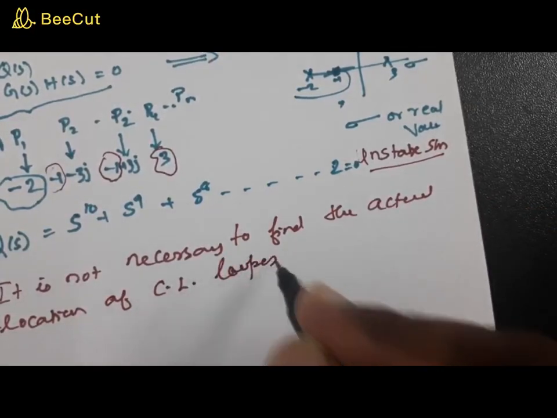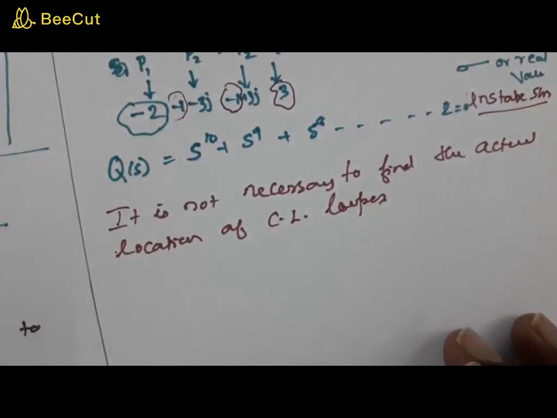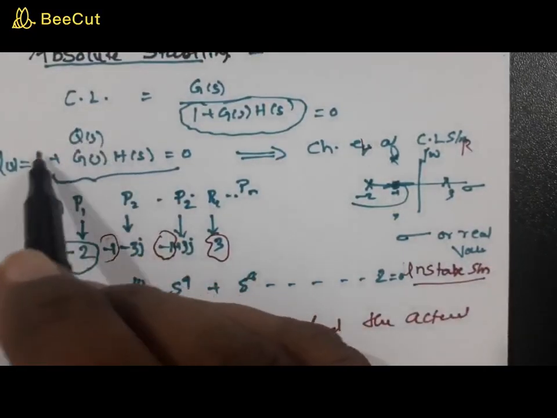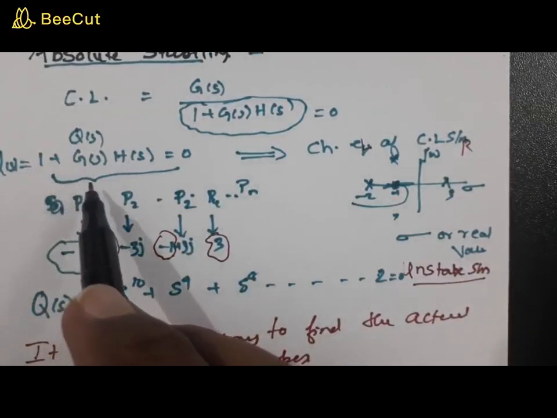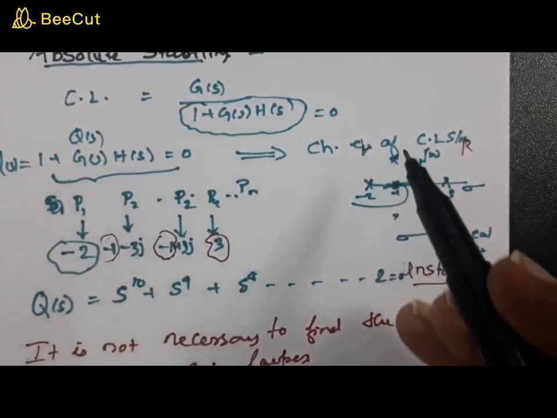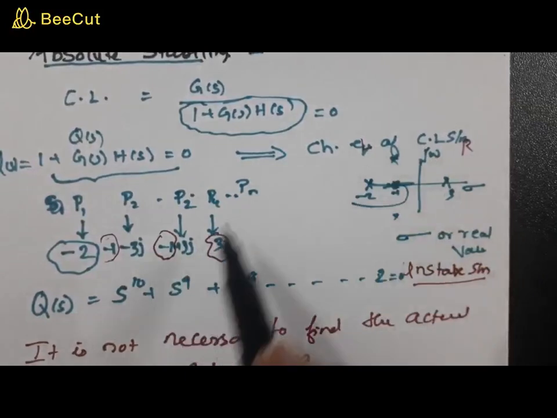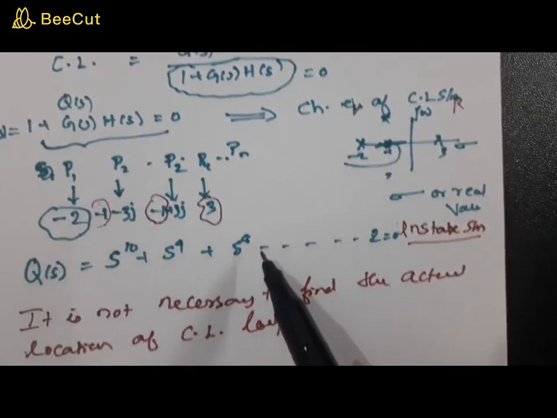This is a statement which actually gets developed into a method by which we can see whether the poles of the characteristic equation reside on the right or left without solving by our conventional methods.